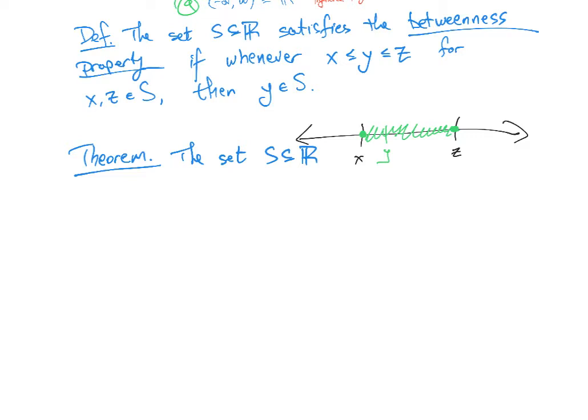So, we've got a subset of the real numbers. I'm going to say it's an interval if and only if, and when I say interval, I mean one of the 9 types we defined at the beginning of the lecture, if and only if it satisfies the betweenness property.